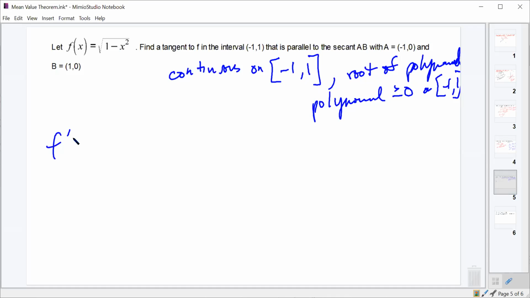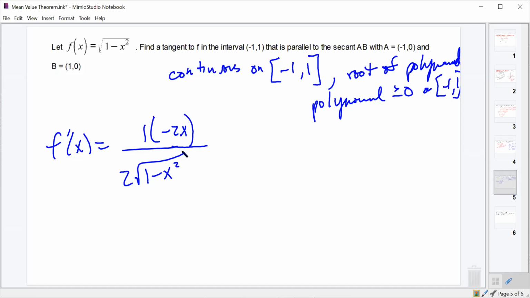What's f prime of x? 1 over 2 root 1 minus x squared times -2x. And the only place where this is undefined would be values that are greater than 1 or less than -1. So this is defined on -1 to 1. What does this graph look like? Anybody know? You should know what this graph looks like, I hope.